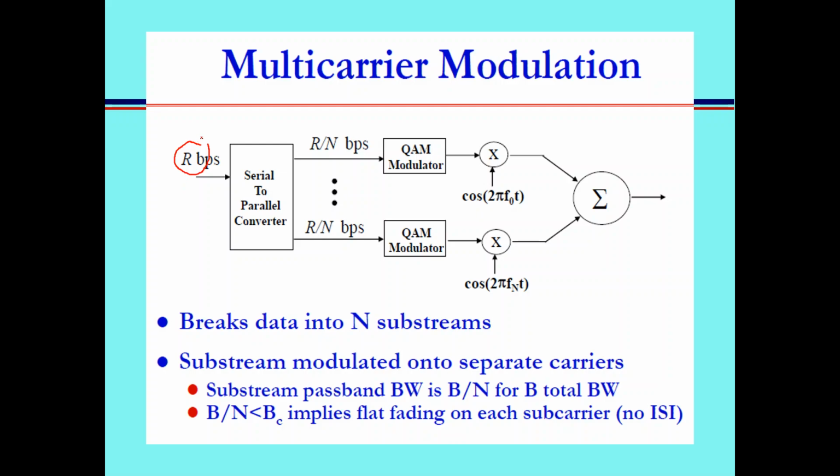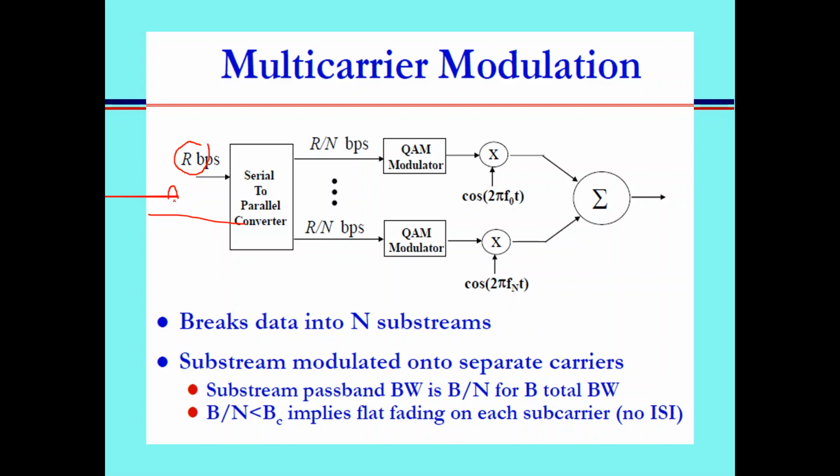If you were to transmit it directly to the channel without multi-carrier modulation, you would need complex equalizers. Why? Because this R has short symbol duration but large bandwidth. As R, the data rate, increases, the more bandwidth you need.